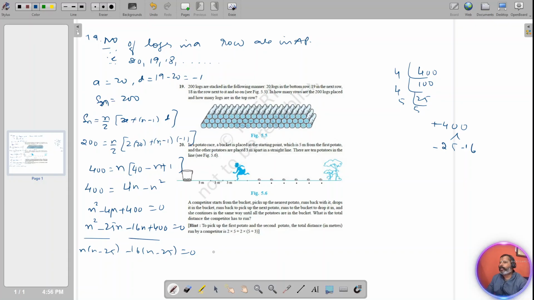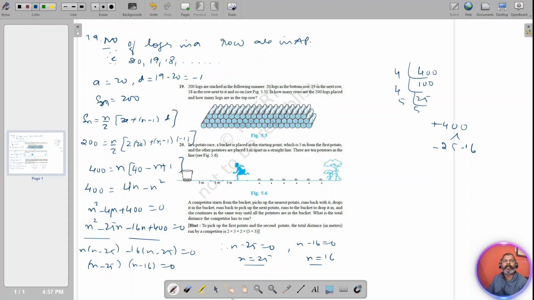So the common bracket is n minus 25. Take it out. What is remaining is n minus 16. So you equate both brackets to 0 to get the n value. n is either 25 or n is 16.